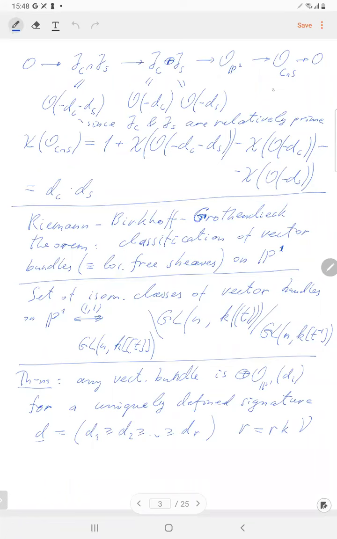Yes, you can similarly classify double cosets like this for an arbitrary reductive group G in place of GLN, and it will be classified by the lattice of dominant co-weights. So for GLN, dominant co-weights are just signatures, but for other groups, it will be some other cone in some integral lattice.